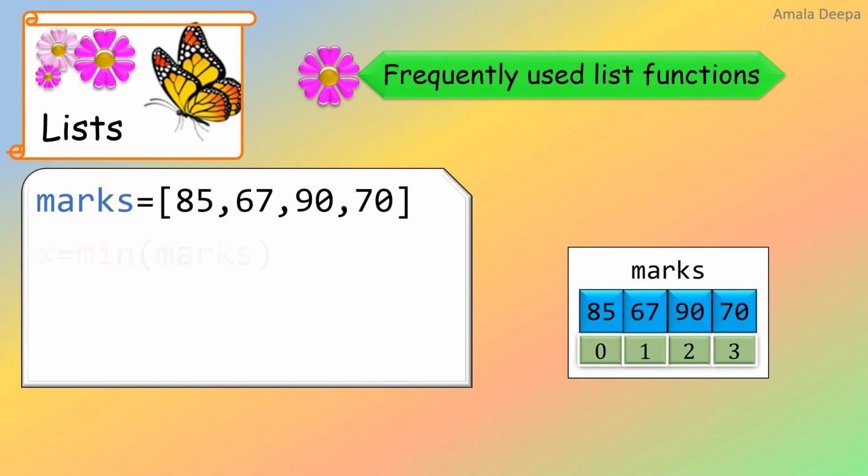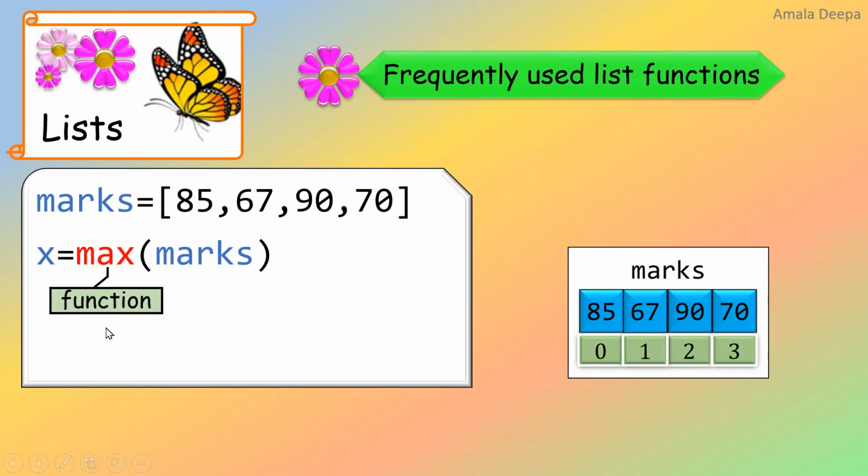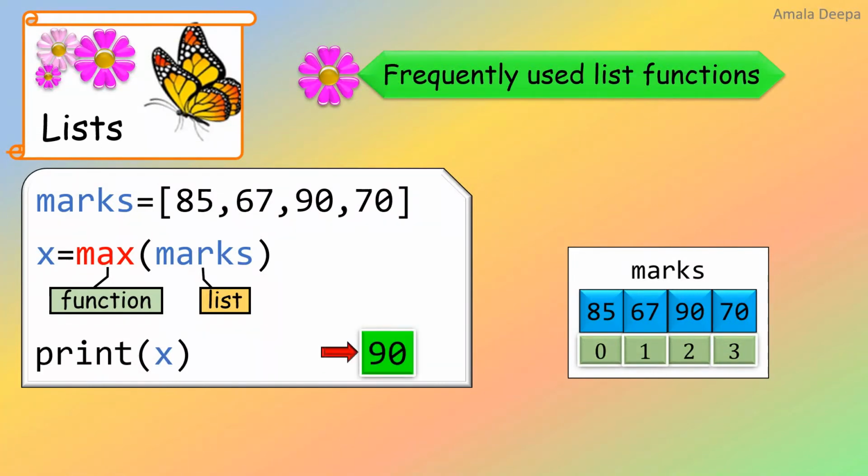Next is the max function. x is equal to max of marks. So here max is the function and within parenthesis marks is the list object. Max function will return the maximum value in the list, which will be stored in the left hand side variable x. Print x gives the output as 90.